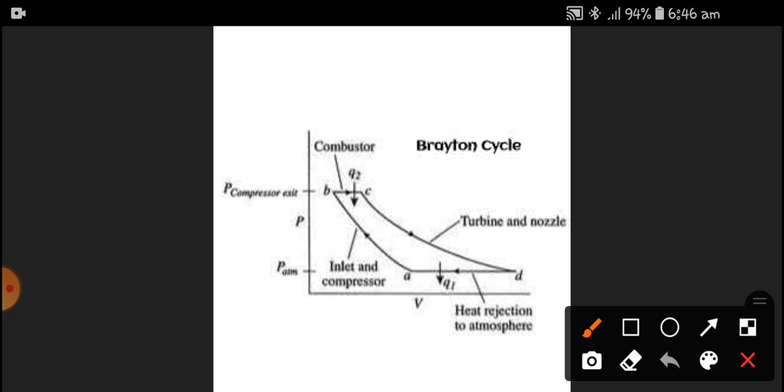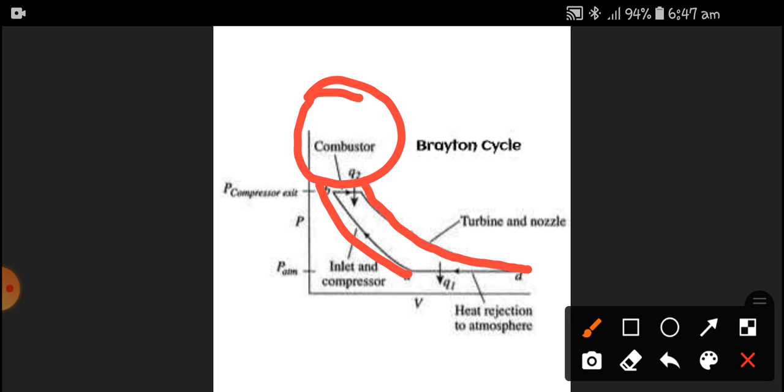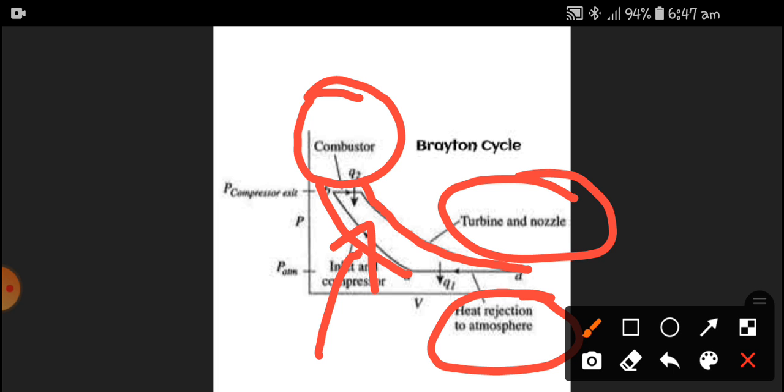So here, see, it is a gas turbine. The expansion ratio is more than the compression ratio. This you have to remember. The combustor will add the heat, and heat is rejected to the atmosphere. The compression in the inlet and compressor takes place by means of an isentropic process, and the turbine or nozzle, both are expansion devices.